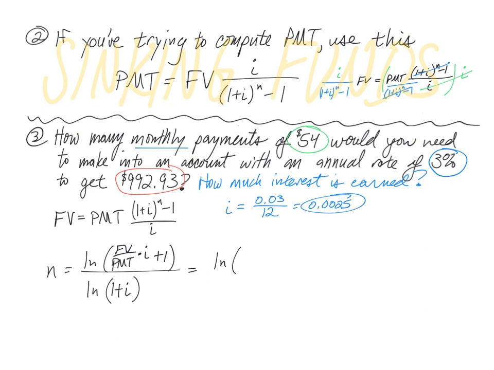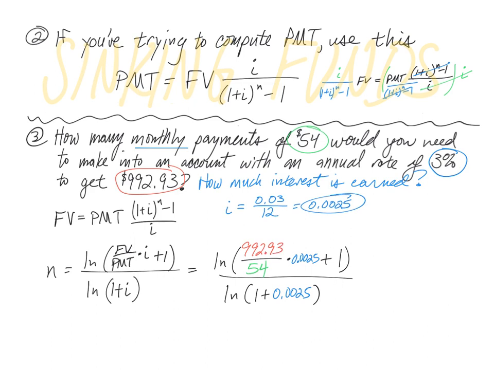So we can substitute all of this in for the different values here. We'll have the natural log of something divided by something else times that plus 1, all over the natural log of 1 plus i. All right, so the interest rate is blue. This is 0.0025. This is 0.0025. The payment is green, so put the payment there, and the future value is red, 992.93. There you go.